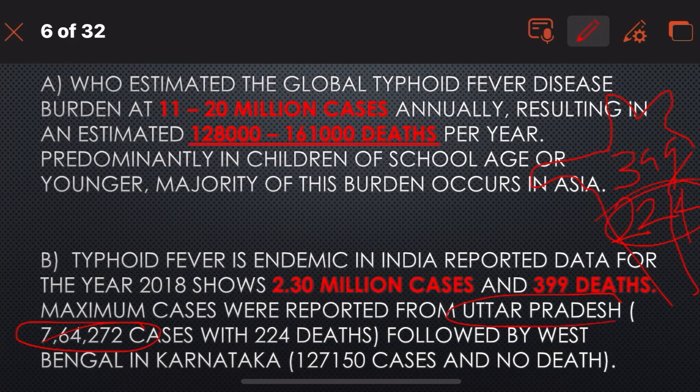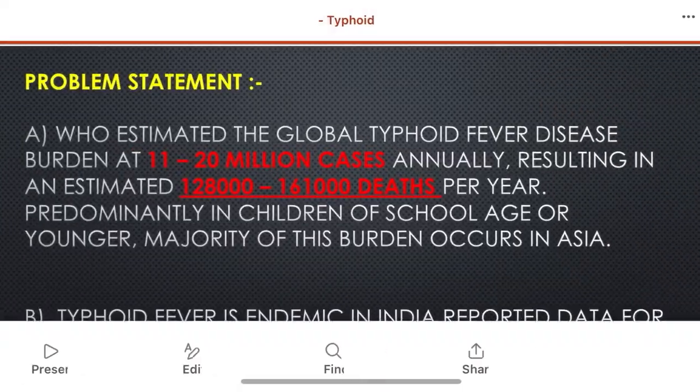Followed by Uttar Pradesh, we have West Bengal and Karnataka, which have recorded almost 1,27,150 cases, whereas no deaths were recorded.